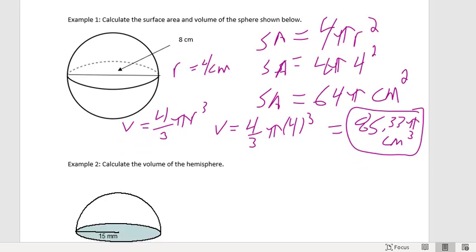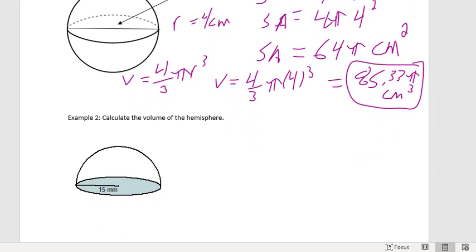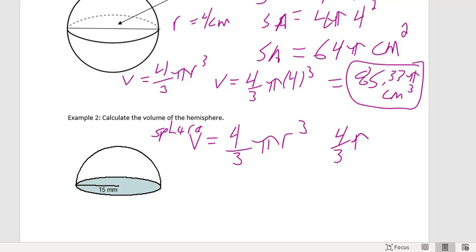Okay, example 2, calculate the volume of a hemisphere. Our radius is 15, so let's plug that into our formula. The volume is 4/3 pi r cubed for a sphere, and plug in what we know, 4/3 pi times 15 cubed. 15 cubed is 3,375.